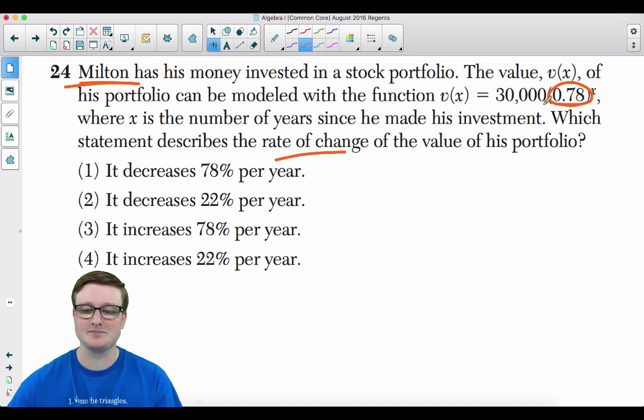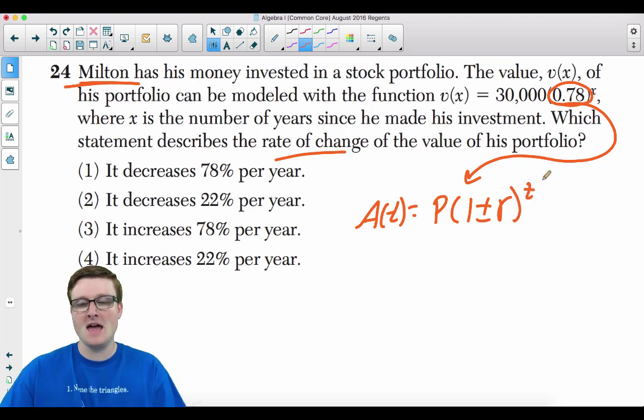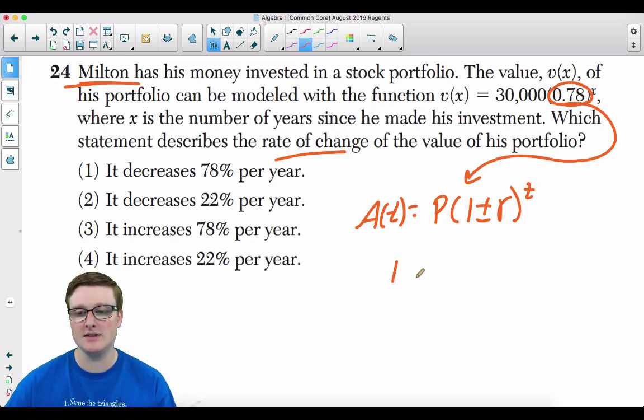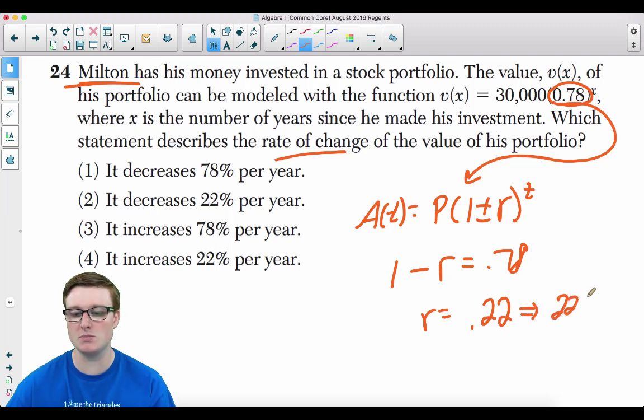0.78. So that means that this number right here, remember the formula is a of t is equal to the principal times 1 plus or minus the rate raised to the t power. In order to get 0.78, that's 1 minus r equals 0.78, your rate is equal to 0.22, which is the same thing as saying 22%.